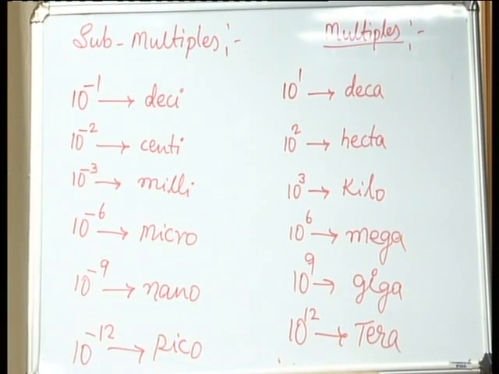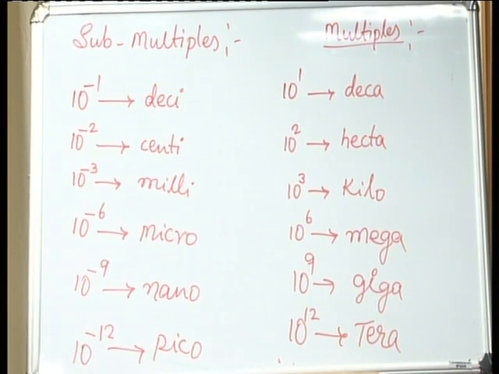You can quote these three advantages. I think it is sufficient even from the examination point of view. Let me repeat the advantages of the SI system. First, it is an internationally accepted standard system; throughout the world, this system is followed.